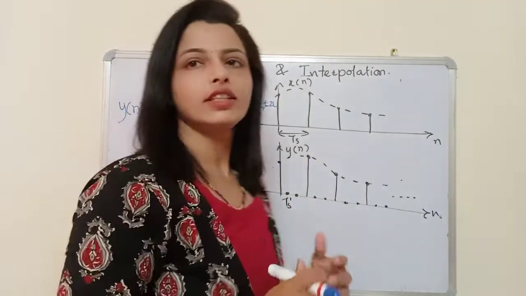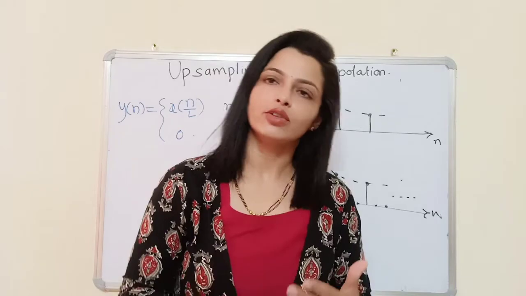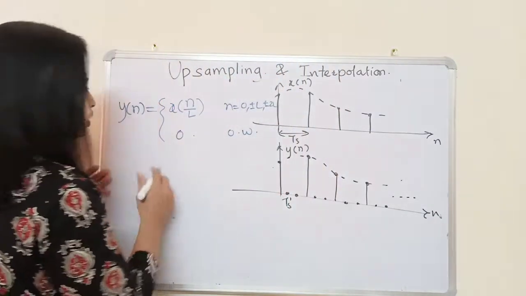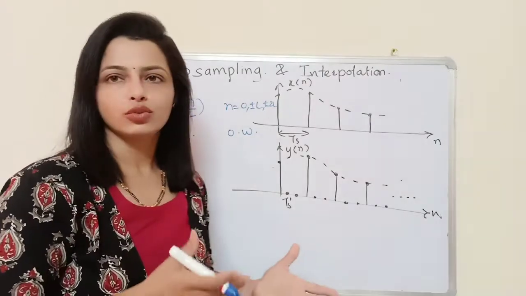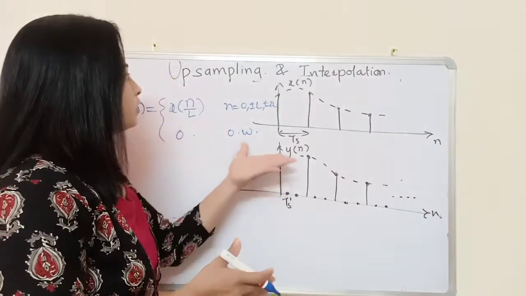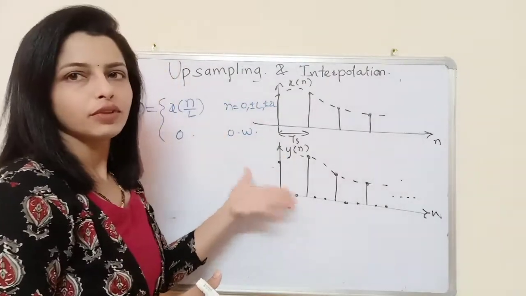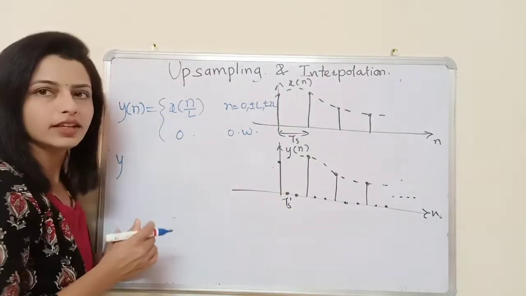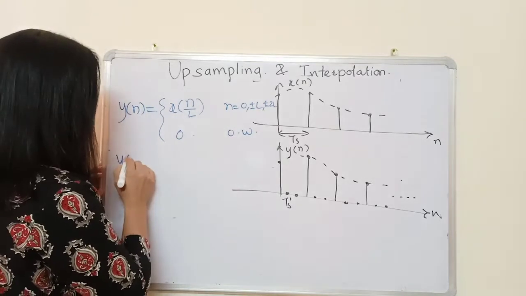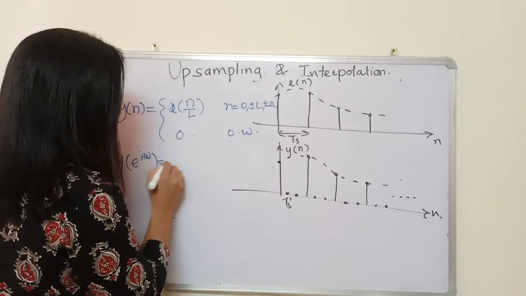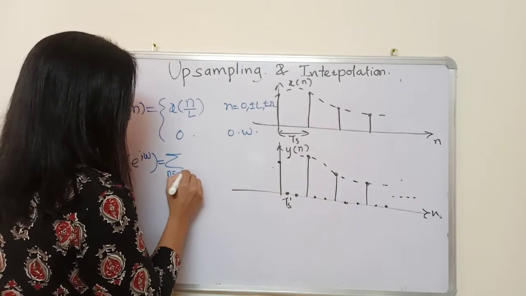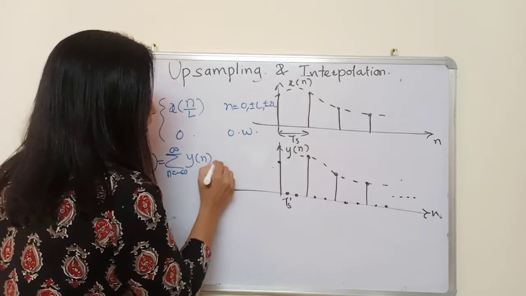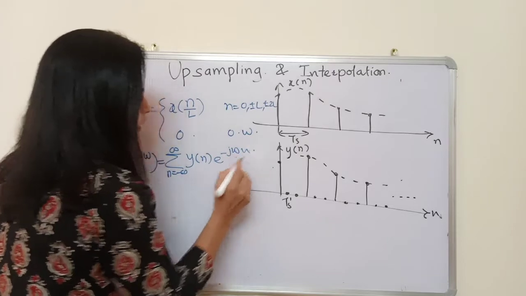So let us now try to find out the expression for the spectrum of y of n. We want to check what happens to the spectrum when we change the sampling rate, when we upsample the signal. So let us take the discrete time Fourier transform of the signal. Y of e raised to j omega is equal to summation n varying from minus infinity to infinity y of n e raised to minus j omega n.